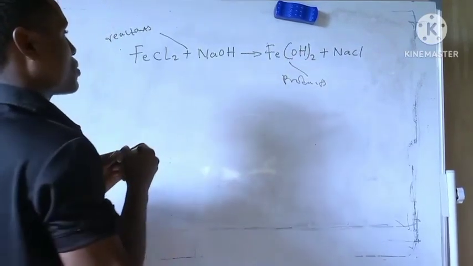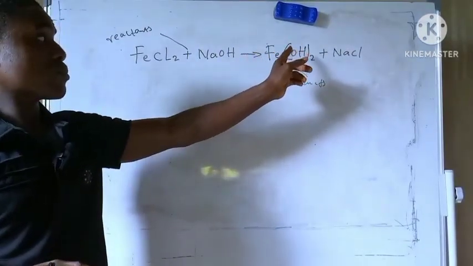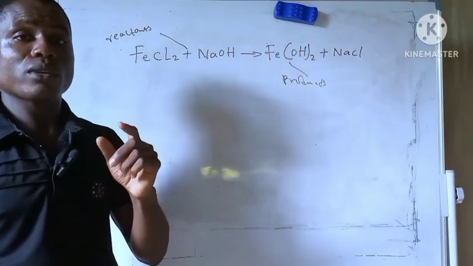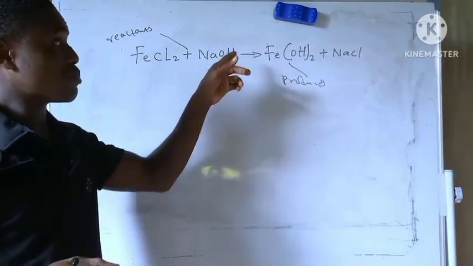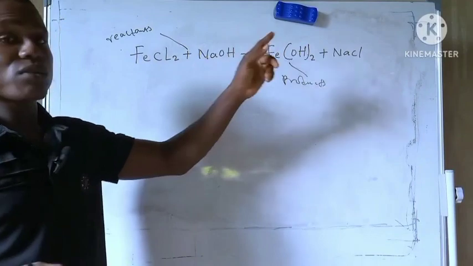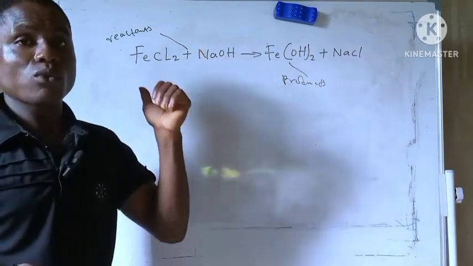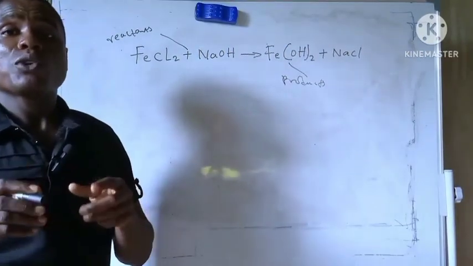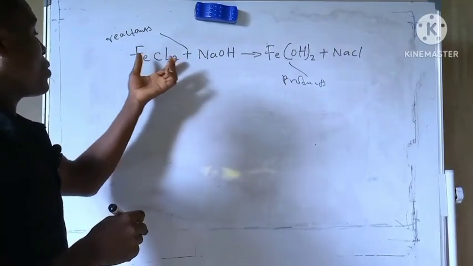This arrow that is pointing to your right side represents the forward reaction. That is why in chemical reactions we see two arrows: one pointing forward, called the forward reaction, while the backward one is called the backward reaction.